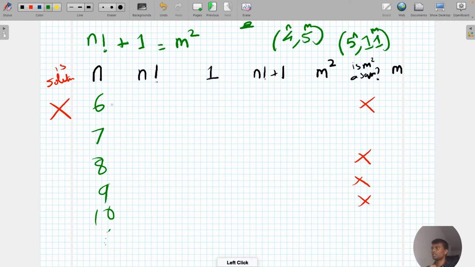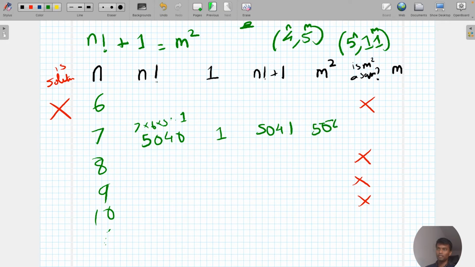So for 7, we have 7 into 6 into 5 up until 1, which actually gives us 5040, and we have plus 1, then we have 5041, and for m square, again m square is going to be 5041.